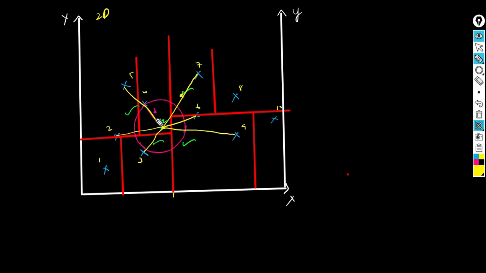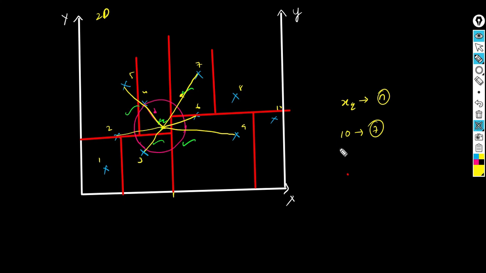Here we can observe one thing: generally for the query point xq, we find the distance from every point in the data n. But here we are not going to find the distance from every point. We find only 7 points here; there are 10 points.